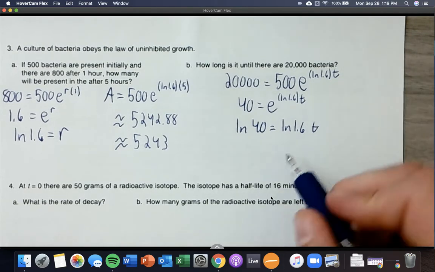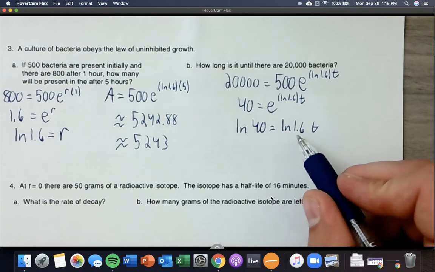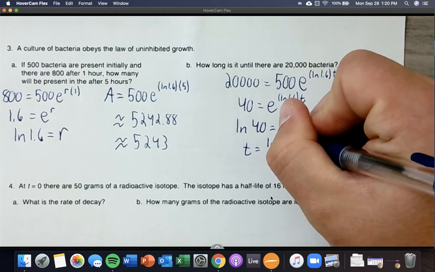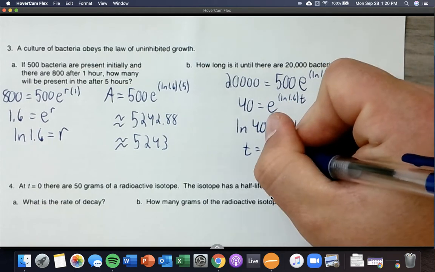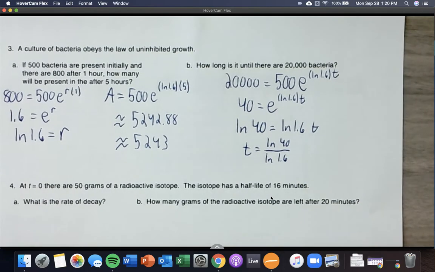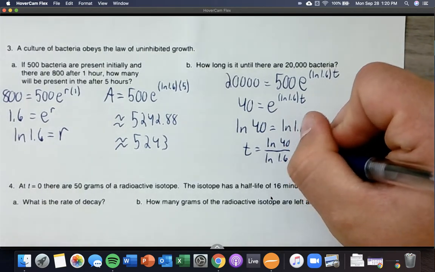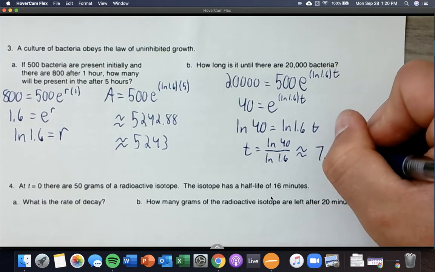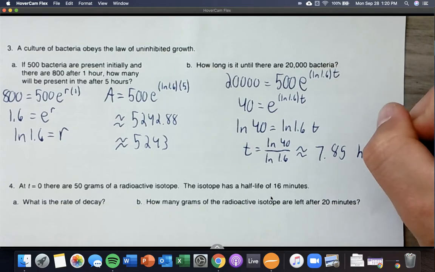Right, in solving for t, we can divide this natural log of 1.6 over, and we get t is equal to the natural log of 40 divided by the natural log of 1.6. All right, and when we plug that into our calculator, we end up getting that t is just about 7.85 hours.